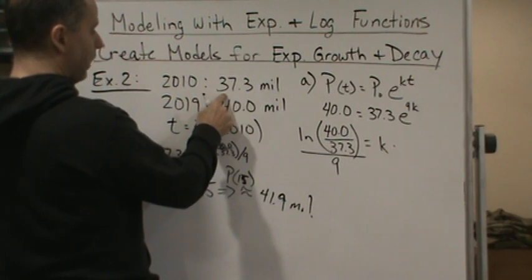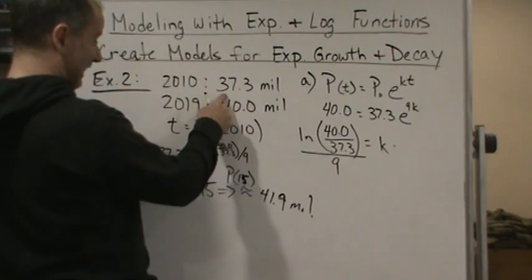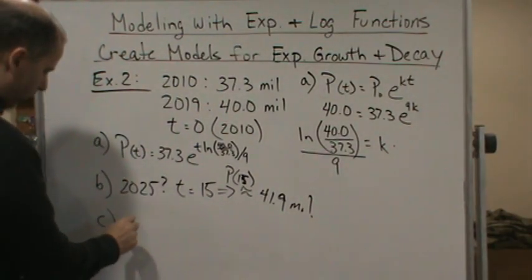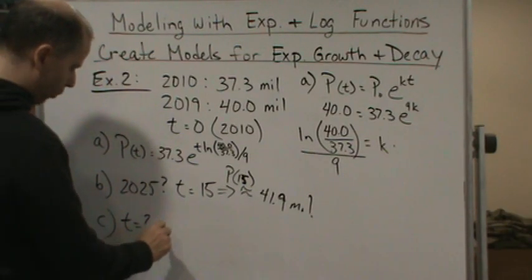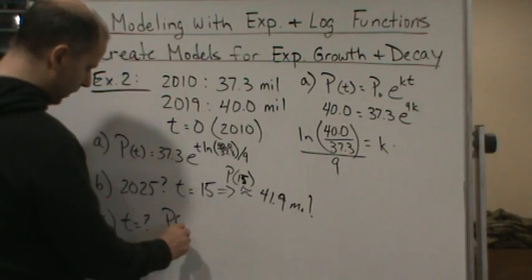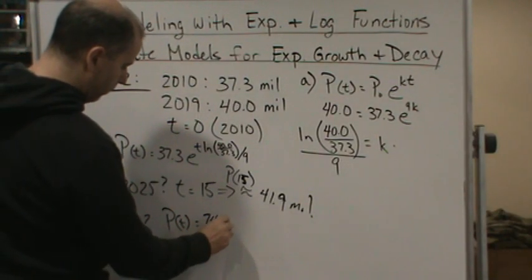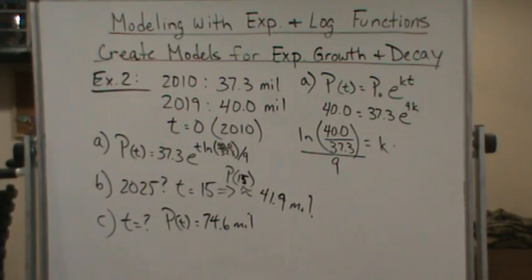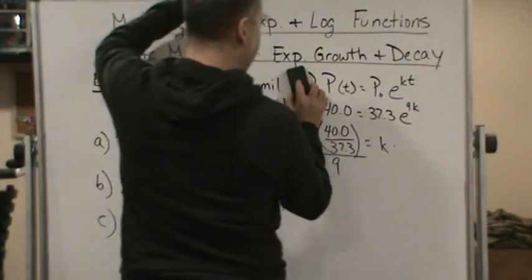That means in what year will the population reach 74.6 million? How much time will pass for the population to equal 74.6 million? It's going to be similar to part A, but we're just solving for a different variable.